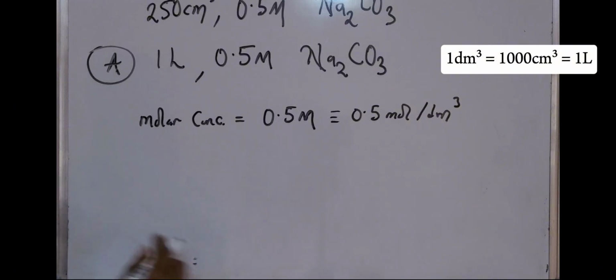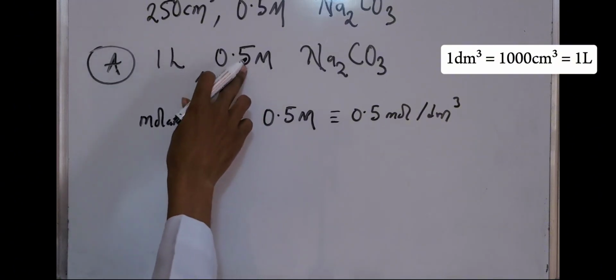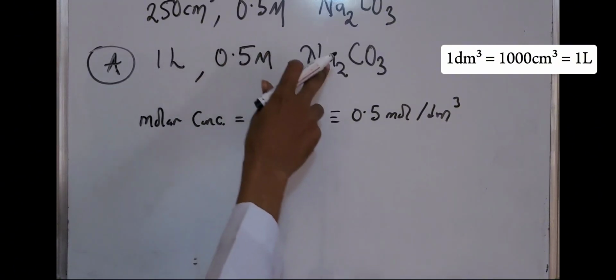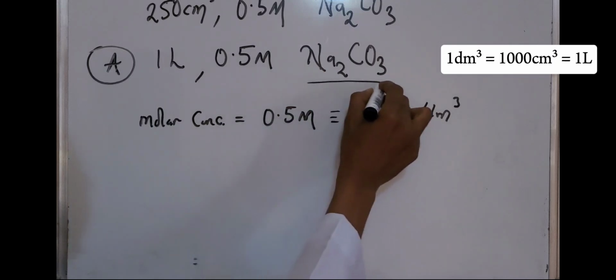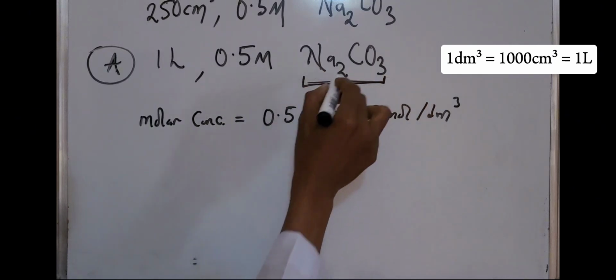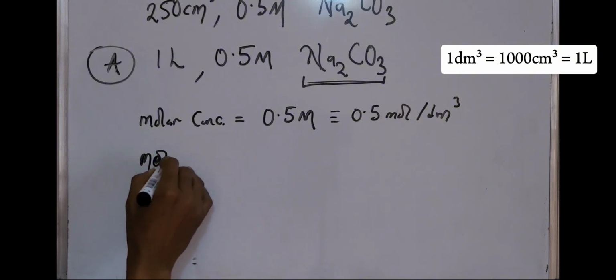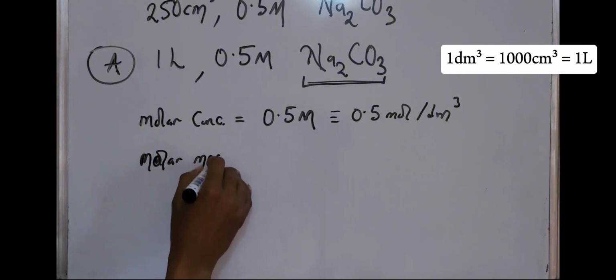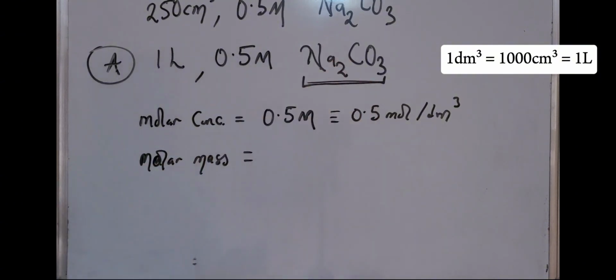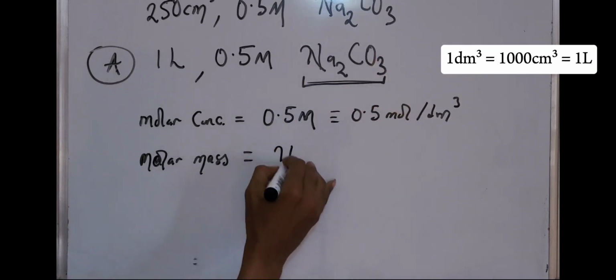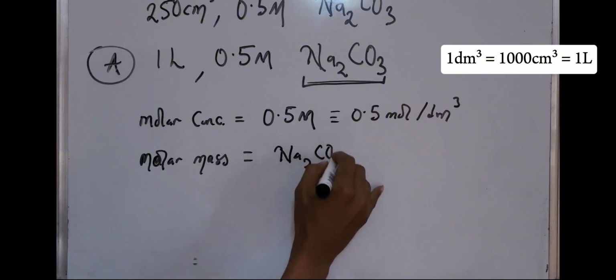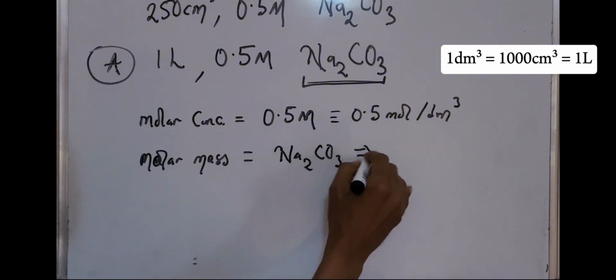Okay, now basically what we have is the concentration. Then from this compound, the formula gives you an insight into the molar mass. So we have sodium carbonate as our compound.